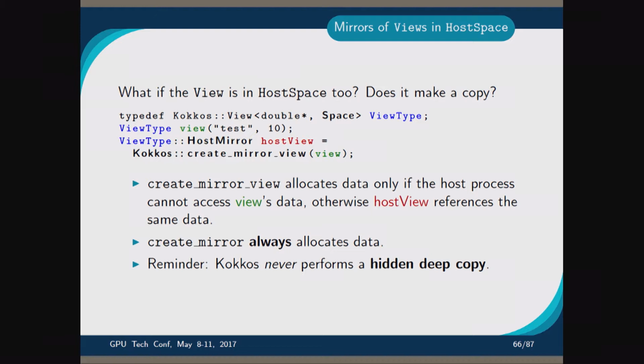So create mirror view will look at the space of this one and the space of that one. If they're the same space, host space, it'll just give you back a pointer. So now you've got 2 references to the same data. And then the deep copy says, hey, you're trying to deep copy from the same thing, so I've just paid the overhead of this pointer equal that pointer, return. Which is not much overhead.